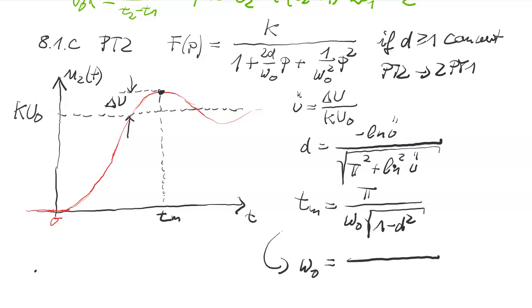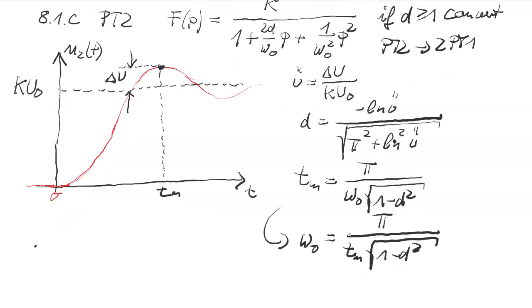This is just pi divided by Tm times the square root of 1 minus D squared. So first measure U, calculate D, measure Tm, calculate omega naught, and then all three parameters are definable. Okay, so far the PT2 identification.